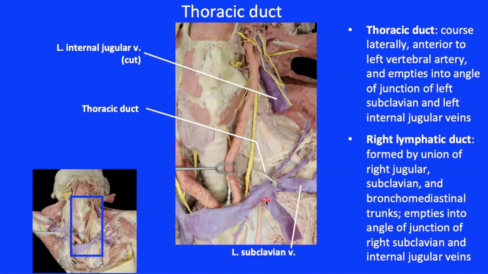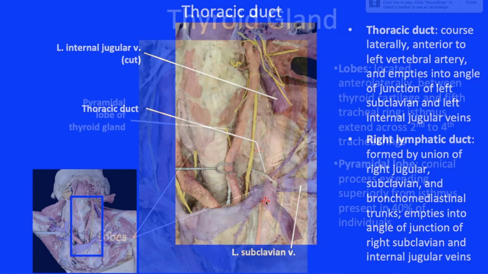Thus, injuries to the root of the neck can also result in injuries to the thoracic duct. The right lymphatic duct drains to a similar spot on the right side, but it is smaller than the left and more difficult to dissect and see.